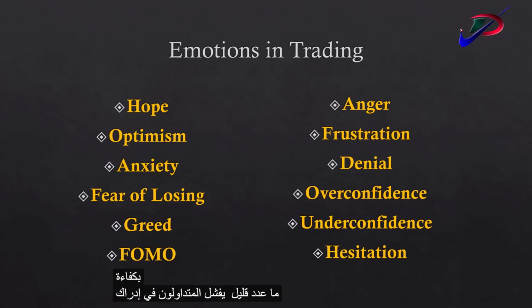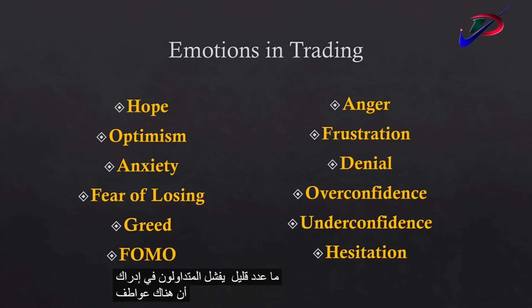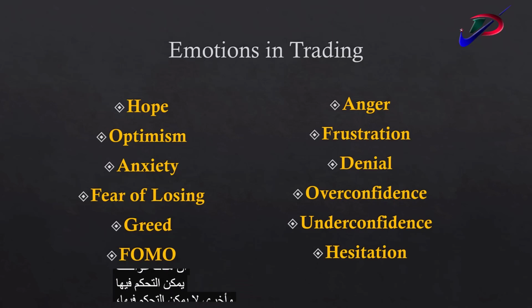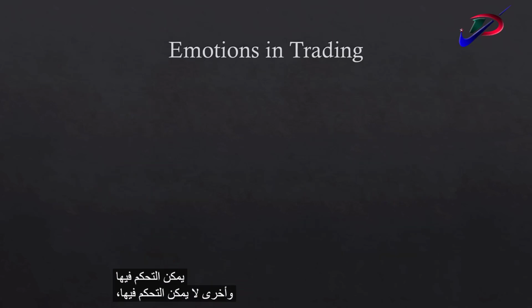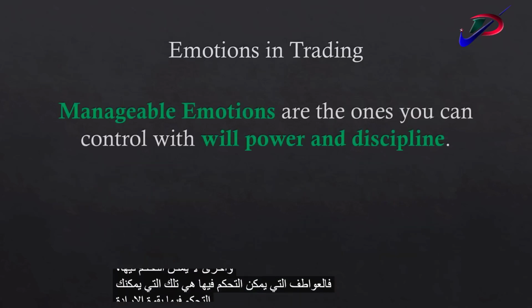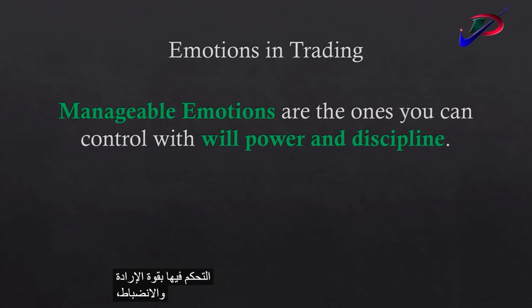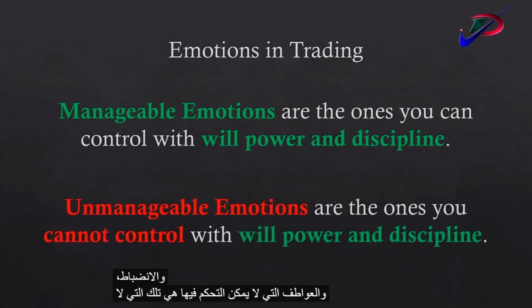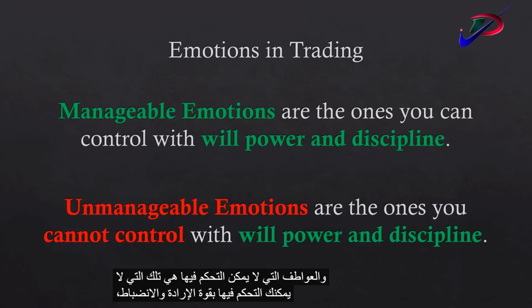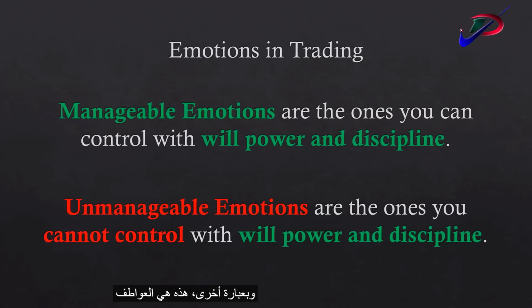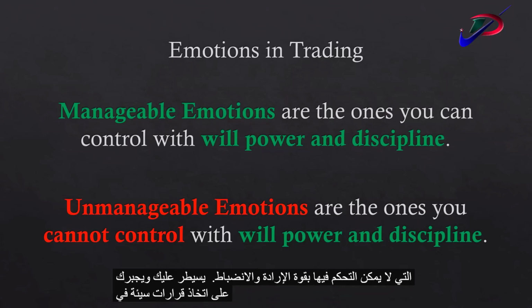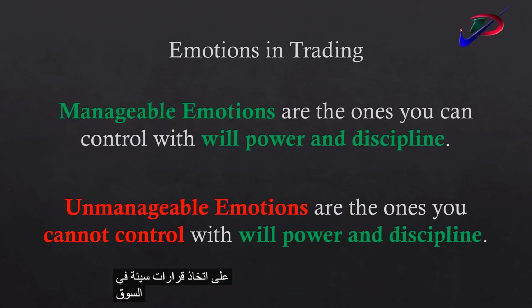What a few traders fail to realize is that there are emotions that are possible to manage and others that are unmanageable. The manageable emotions are those you can control with willpower and discipline. Unmanageable emotions are those you cannot control with willpower and discipline. In other words, these are the emotions that take over you and force you to make bad decisions in the market.